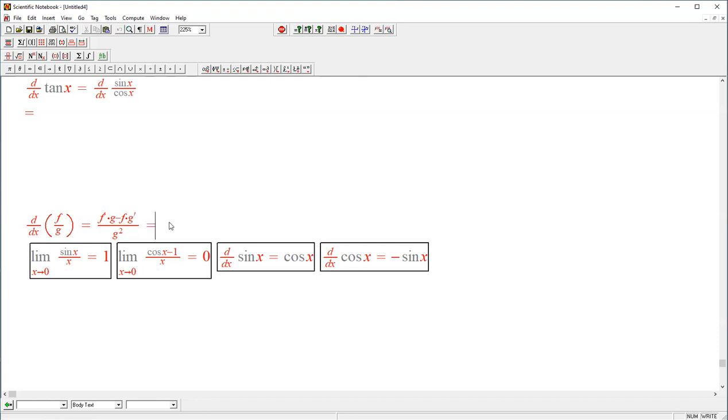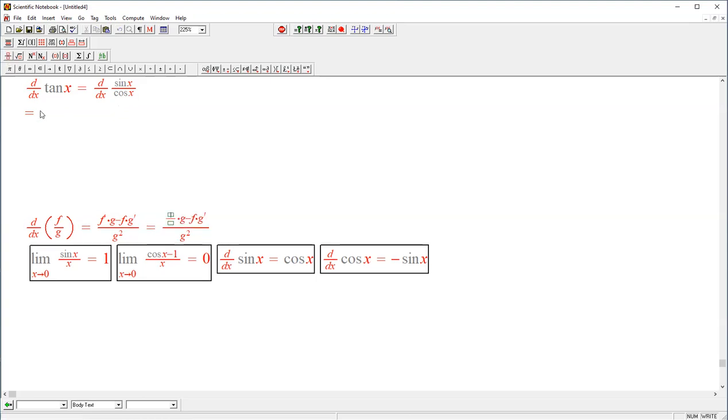Or another version of it: g squared stays the same, and the derivative of f with a g in front. You can see why we put a g in front, because that avoids confusion. Then the derivative of g with respect to x.